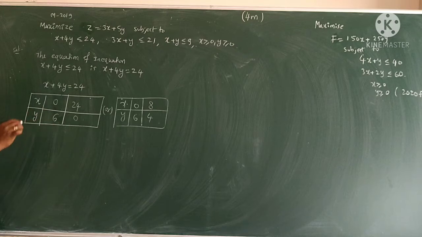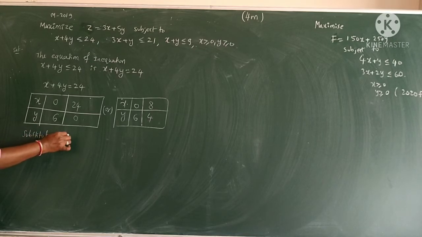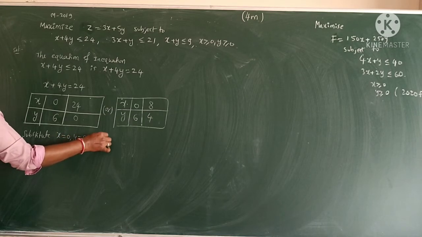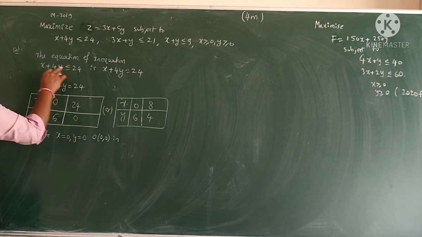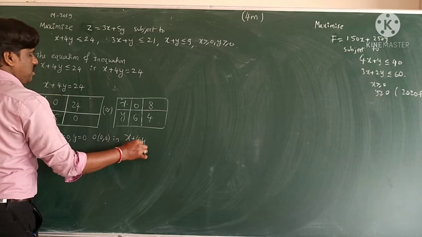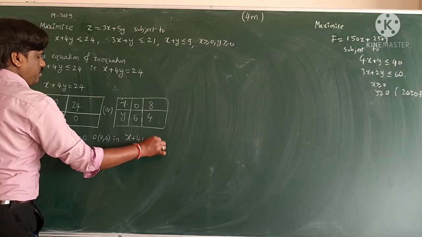After this, substitute. Always you have to do this. Substitute x is equal to 0, y is equal to 0, meaning the origin 0 comma 0, in this inequation x plus 4y less than or equal to 24.